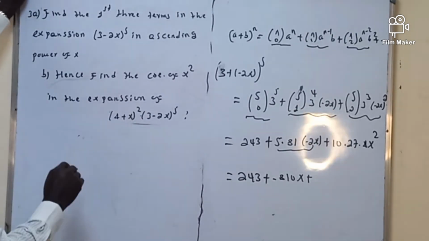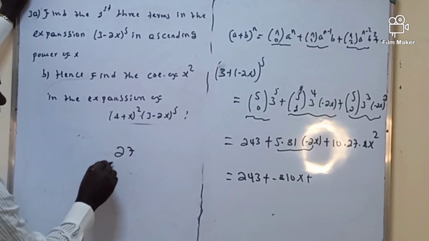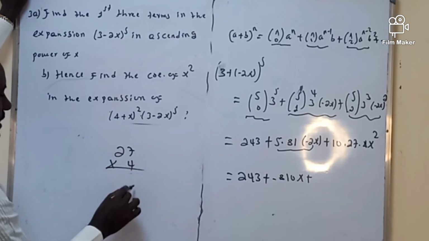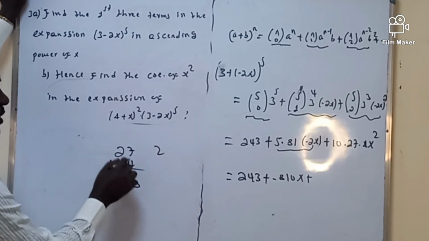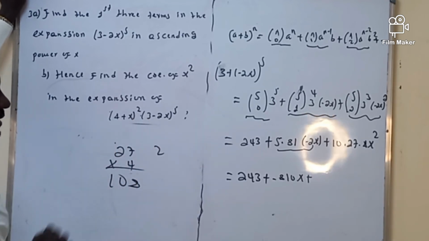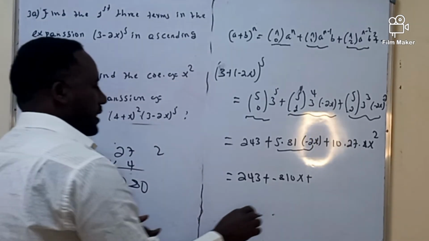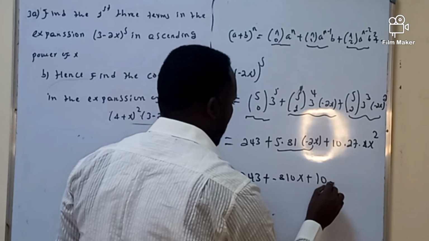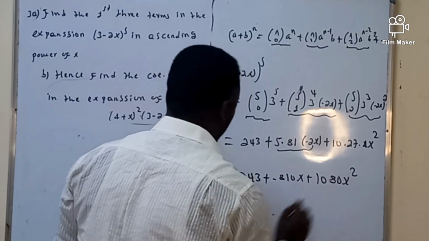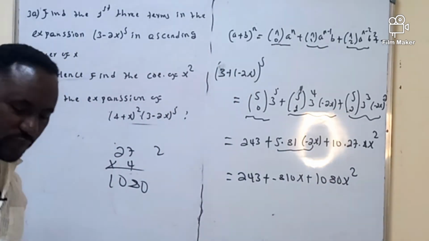Now the product of 27 times 4 is 108. Now we have this one, so we have to multiply by 10, that's going to be 1080x squared. So these are the first 3 terms of the sequence.